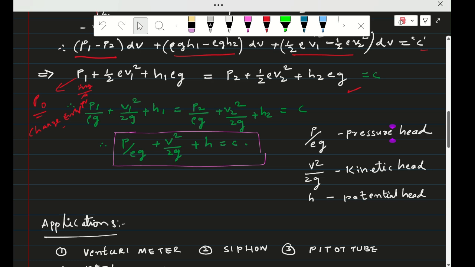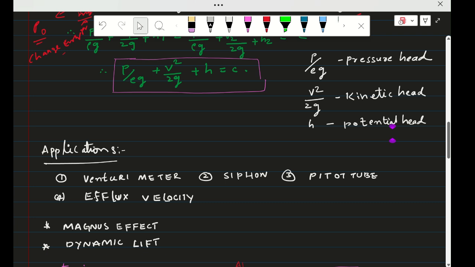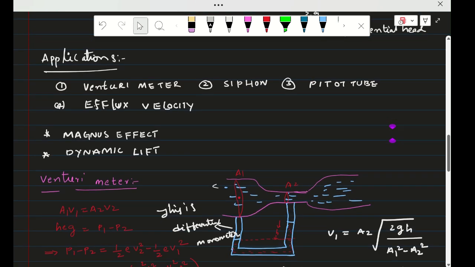So now coming to applications of Bernoulli's principle: there is the Venturi meter, siphon, pitot tube, efflux, velocity of efflux, Magnus effect and dynamic lift, and calculation of blood pressure. All these are based on Bernoulli's principle. So the calendar papers are flying out, and aeroplanes are moving, by dynamic lift.